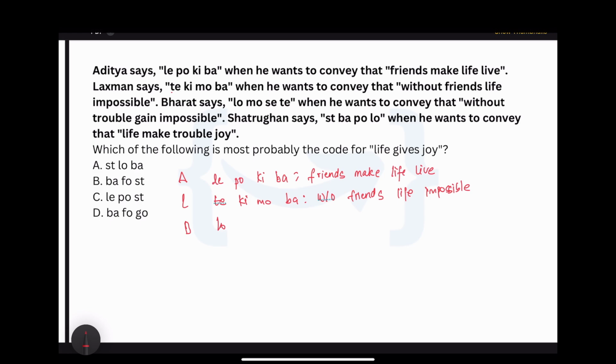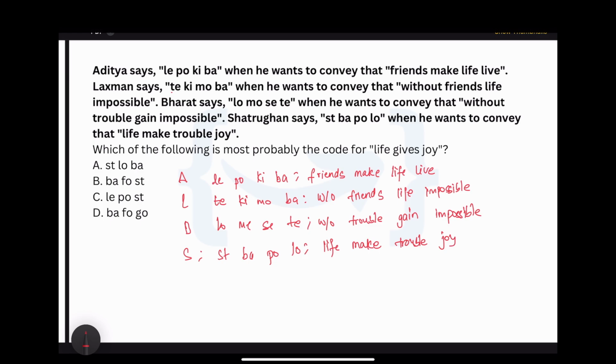Bharat says, lo me se te, which means without trouble, gain impossible. Clear? Now Shatrughan says, st ba o lo, when he wants to convey life make trouble joy. So I wrote all the sentences which was given.